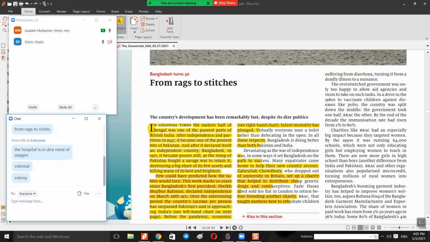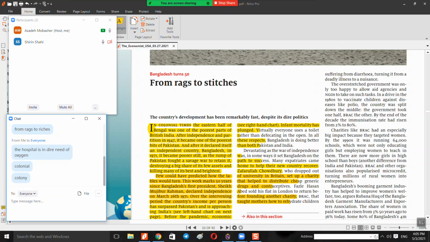In colonial times means when colonies existed. The eastern half of Bengal was one of the poorest parts of British India when India was under the rule of Britain. You understand this part, right? No problem. Okay, go on, please. The second sentence.